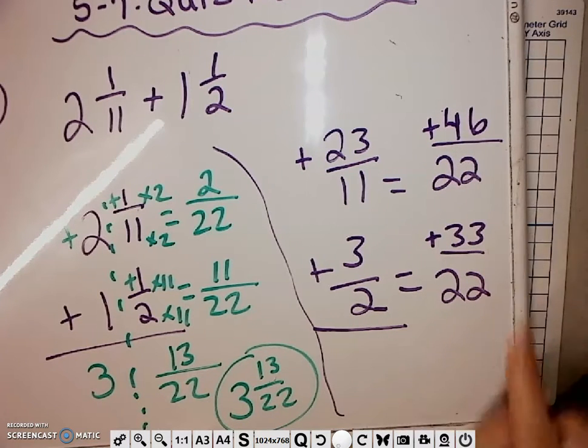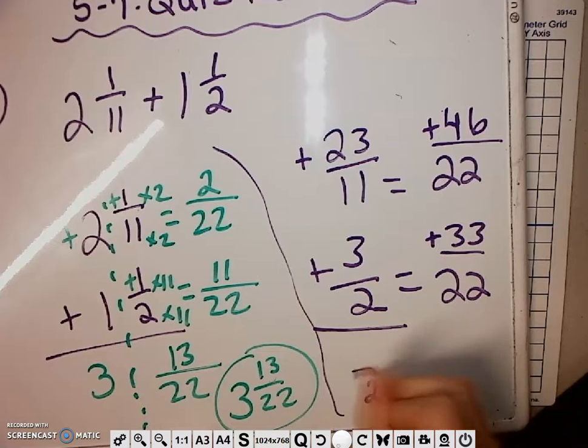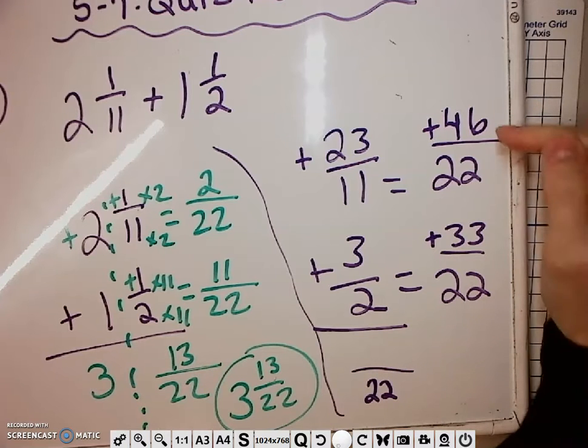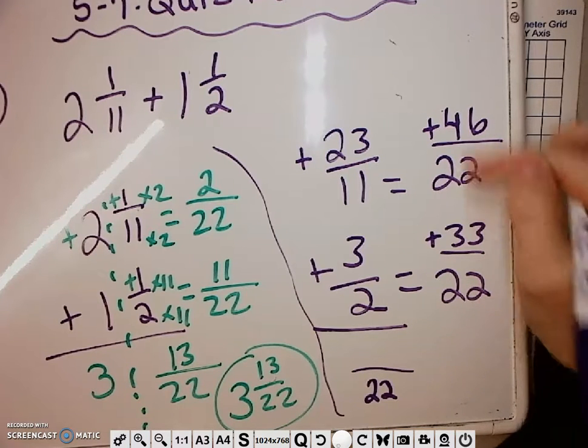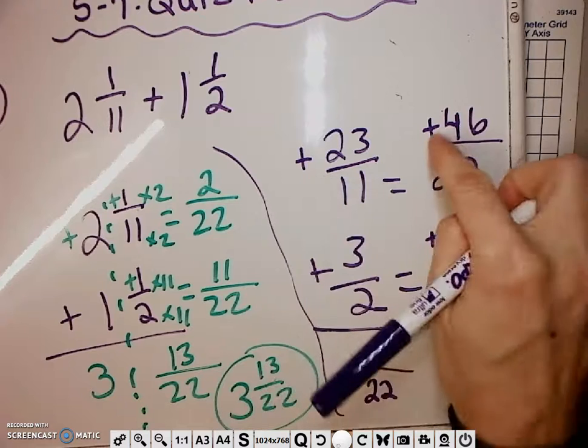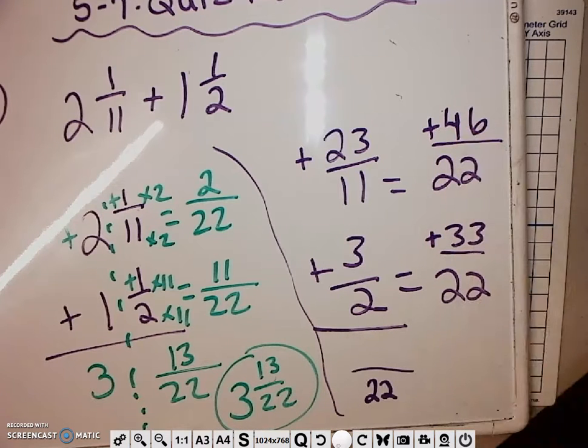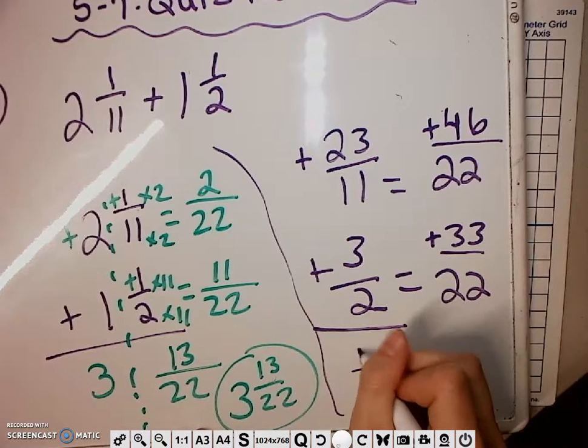I have the same denominator here, so I keep my denominator and I add together those numerators. I add them because they're both positive. If one of these were negative, it'd be a negative and a positive, so you'd have to subtract. But here, you're just using your basic integer rules, okay? So when I add those together, I get 79.